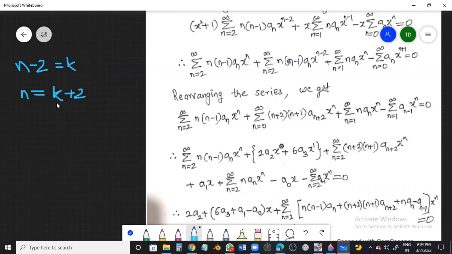But I want this in terms of n. So I'm putting n as n plus 2 everywhere. If I put n as n plus 2, n will begin with 0. In place of n, I'm writing n plus 2, and your right side is equal to 0. Are you getting my point here?